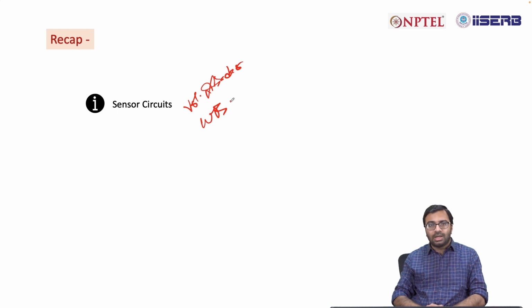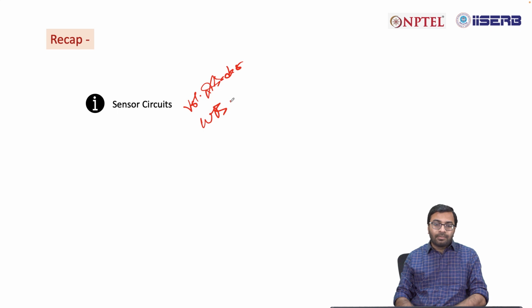Then we have seen what are different amplifiers. So there are multiple amplifiers, and then you can also use those amplifiers for various purposes. We also have seen instrumentation amplifier, which is again a very specific kind of an amplifier which helps in making the sensor system.